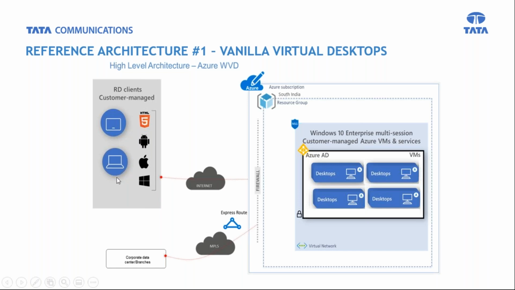So if you see, we have remote users coming from any kind of device through public internet. You would need your corporate data centers to be connected to Azure through an express route, and the connectivity between your data center and Azure cloud will be through the express route.